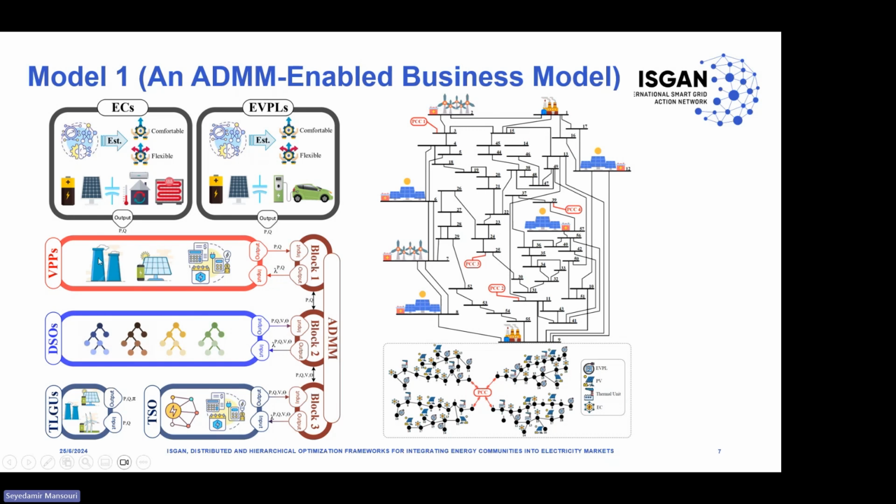And here we have implemented an ADMM between virtual power plants, distribution system operators, and transmission system operators for guaranteeing their coordination in real time. So we provided a 3-block ADMM, which is very challenging for convergence.